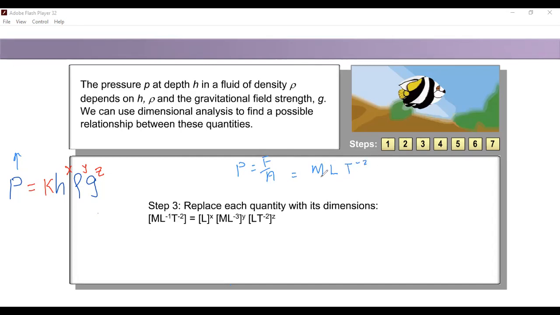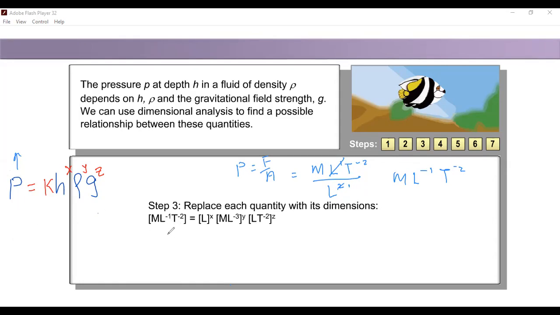Divide by area. Area is L2. L2, this is L1, so that means we cancel each other, and this becomes 1. So M L negative 1 T negative 2. Here, pressure.